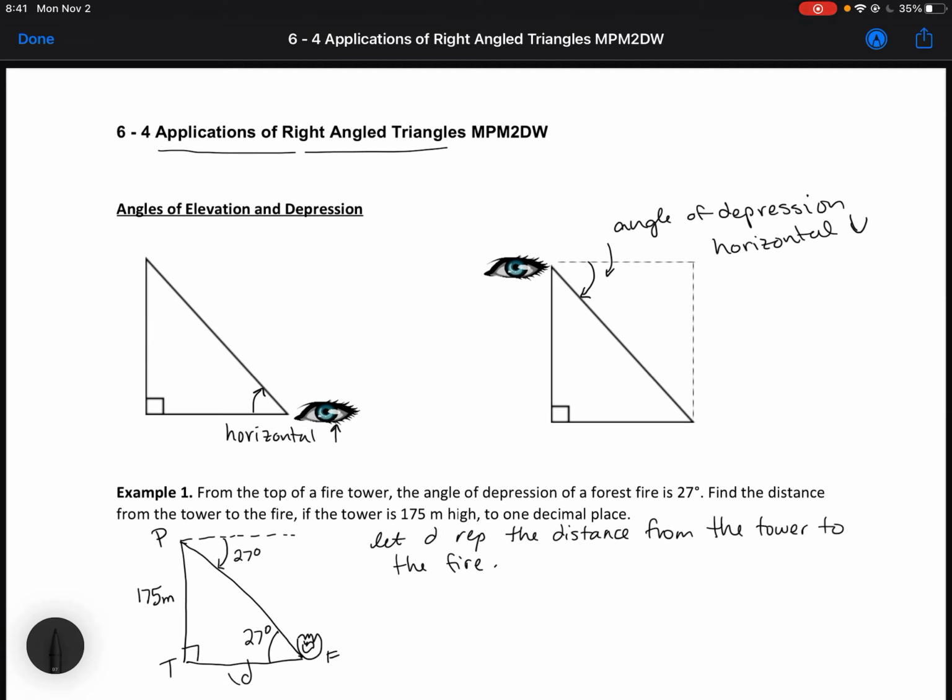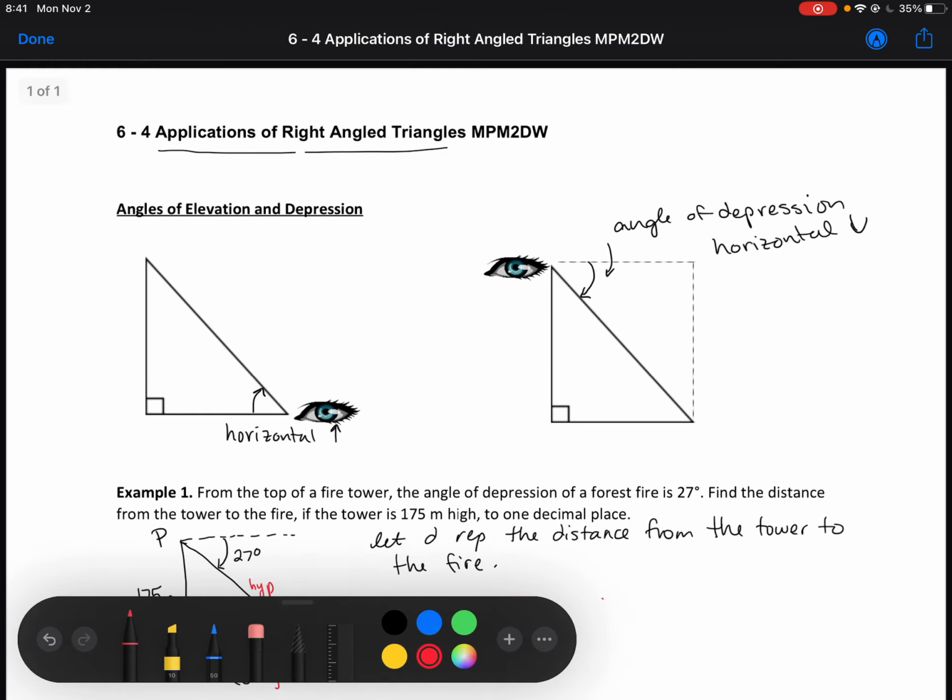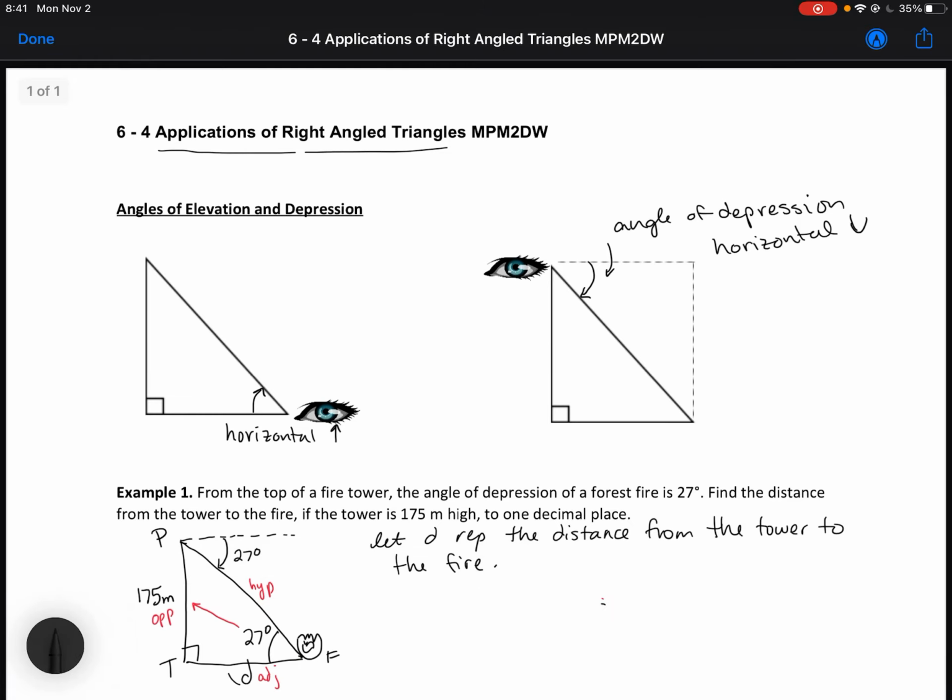I'm going to solve for D. I've got a right-angled triangle. Just like I was doing in my problem solving, I'm going to label my sides: my opposite side, my hypotenuse, and then my adjacent. This tells me that the ratio I need to use is my tan ratio. So tan 27 is equal to my opposite side over my adjacent side.